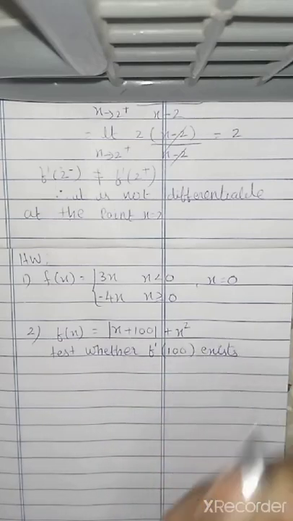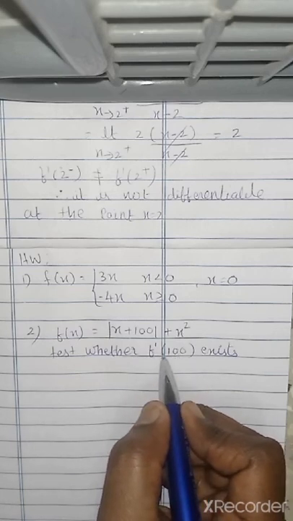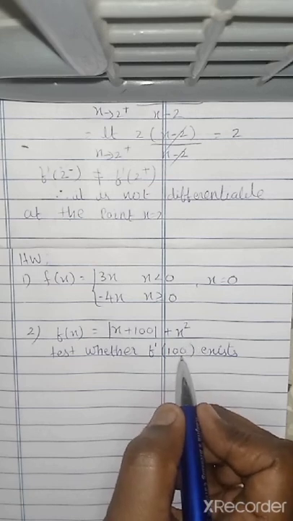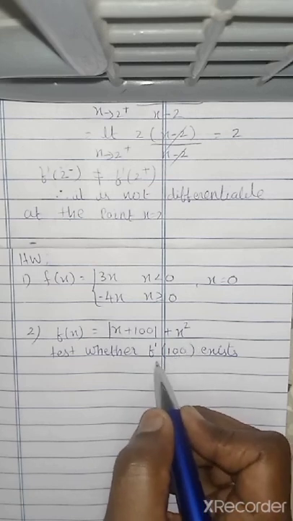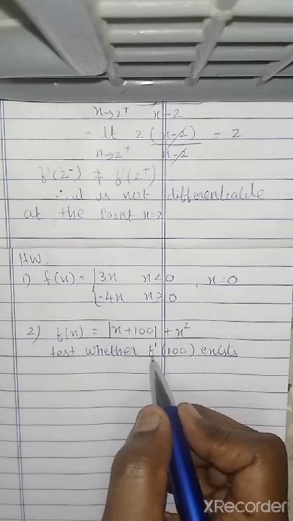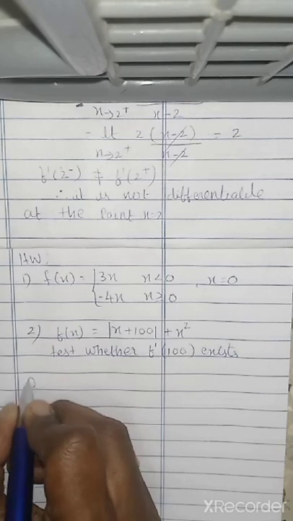What does this mean? We want to find f dash of 100 minus and f dash of 100 plus. If both the left hand and right hand derivatives are equal, then we can say that f dash of 100 exists. Now we are going to see differentiation rules.